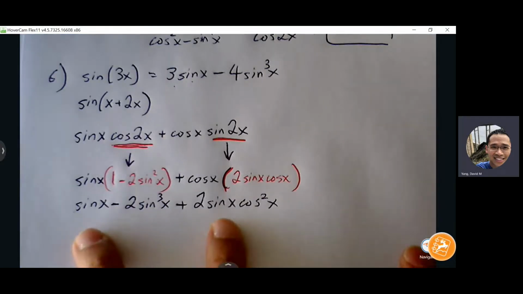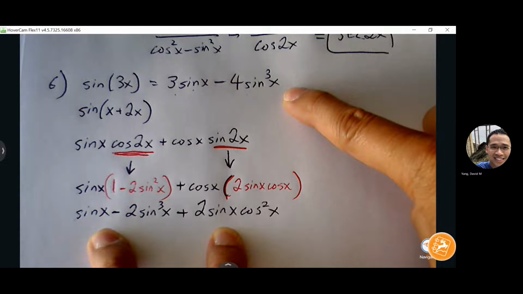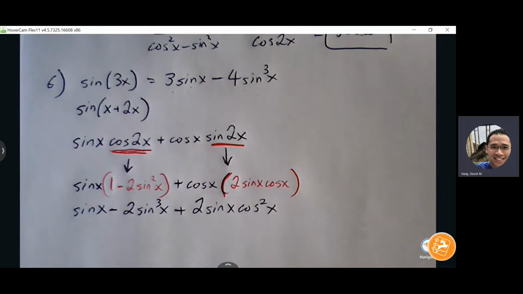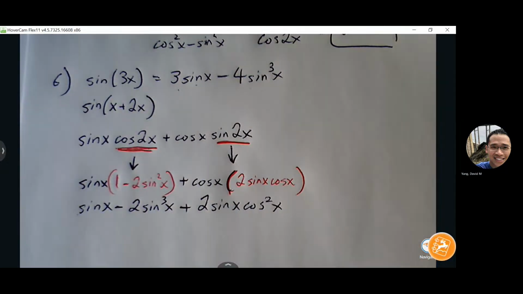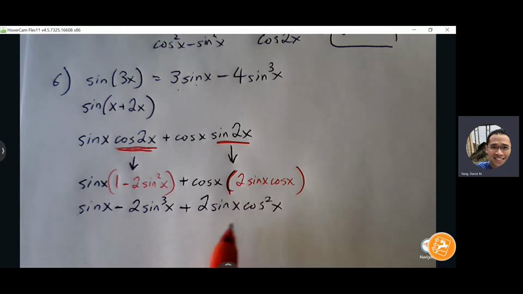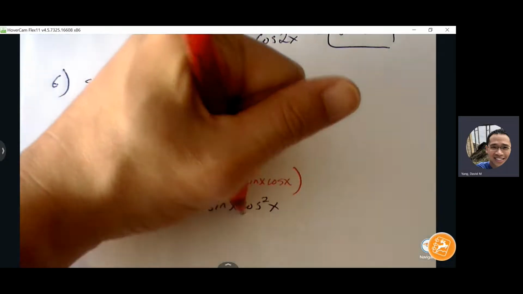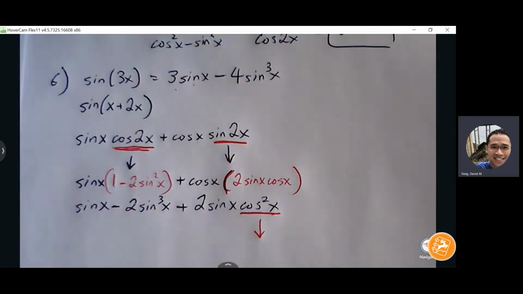Okay, look at where we are and look at where we want to be. We're getting closer, right? We do see that sine cubed, but there's still something that we can play with. Yeah, there's something here that we can replace. You see an identity that we can apply? Yeah, that cosine squared, I can replace with what? Sine squared. Or I mean, yeah, 1 minus sine squared. Okay.